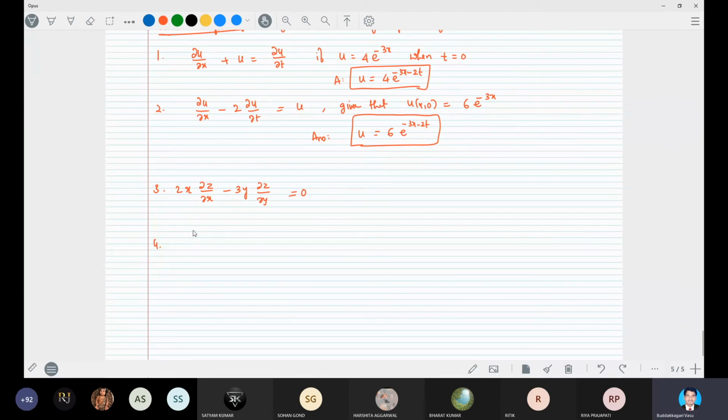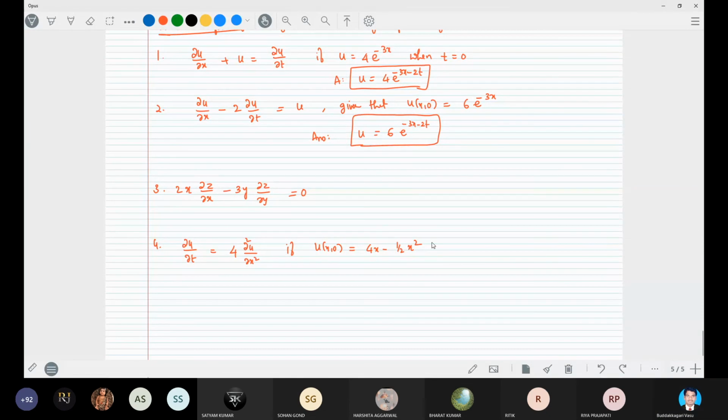Solve dou u by dou t is equal to 4 into dou square u by dou x square, if u of x comma 0 is equal to 4x minus 1 by 2 x square.